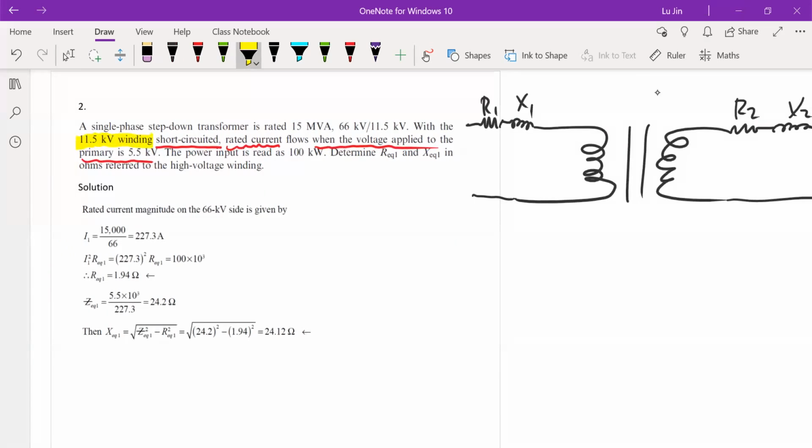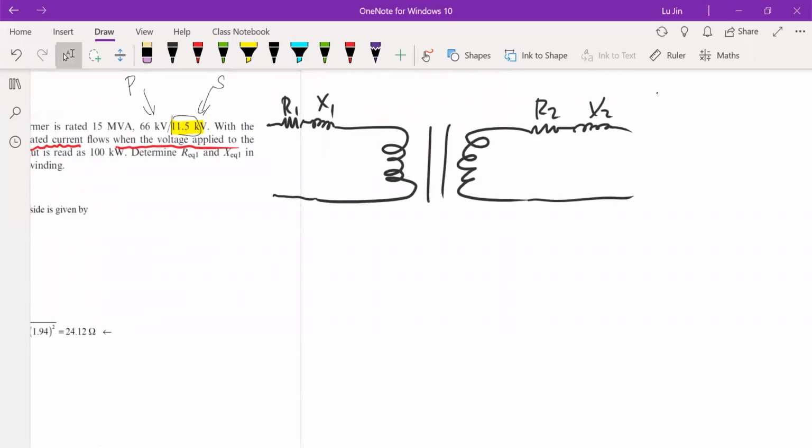Normally this is the primary side and this is the secondary side, but because this number is the same as this number, I understand it is talking about the secondary side. We have a short circuit, or short connection, the same thing. In other words, we use a short wire to make a connection between the two terminals at the secondary side of the transformer.